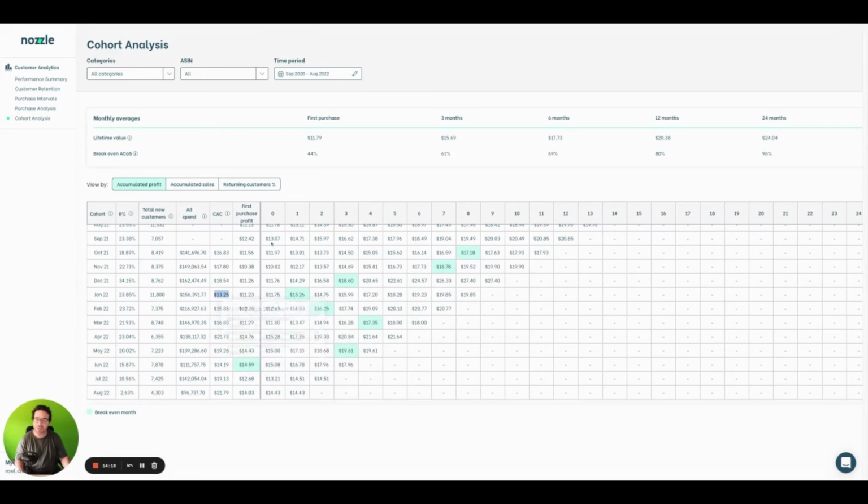Just a bit of a side note here, while we have a month 0, what month 0 means is, let's take this cohort, the January 22 cohort. I had 11,800 people buy in January, and month 0 means some of those people are actually buying again in January, right? And so in fact, 458 of the 11,800 bought again in January.